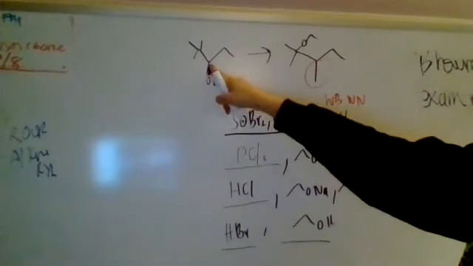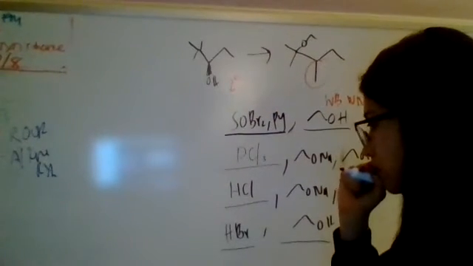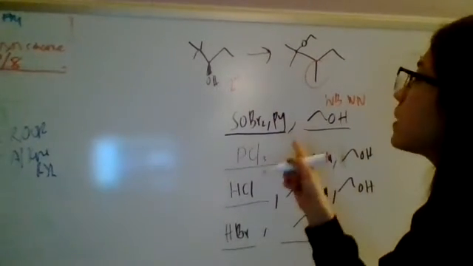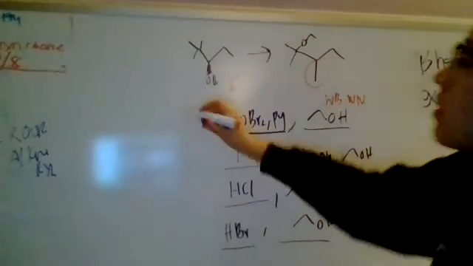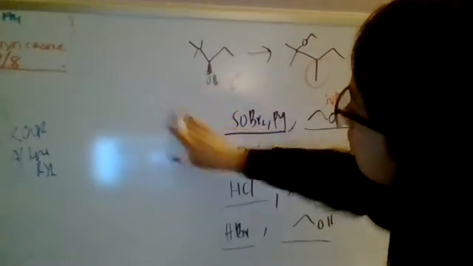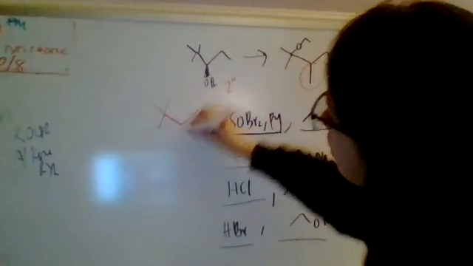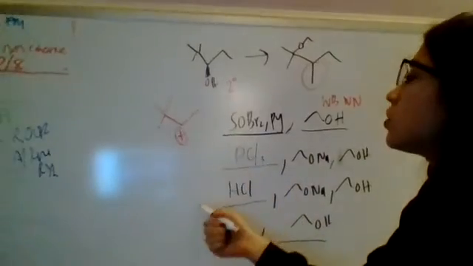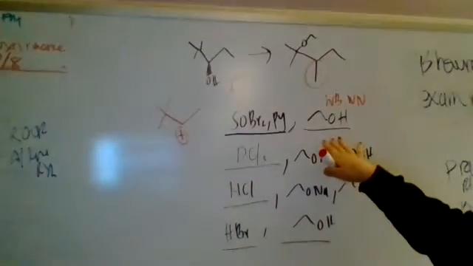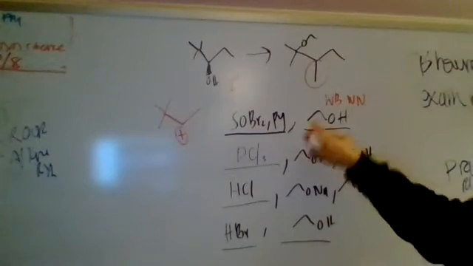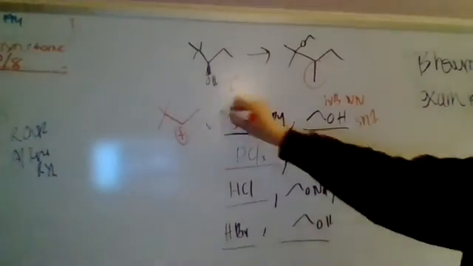And a secondary, which is what this is, if that one leaves, it's going to be a positive charge there. So if it's SN1, you're going to have the shift. And since there's no heat, this one has to be SN1. So I was like, okay, this could work, right?